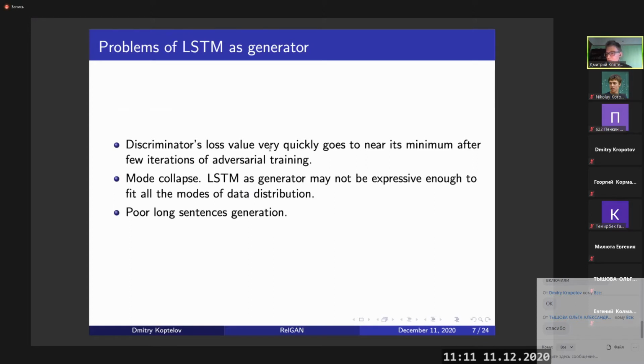It's because of the lack of expressive power of the generator. Also, this reason causes mode collapse. And there's a problem with generation of long sentences, because the LSTM packs all previous information into one hidden vector, and usually it's not enough to model long dependencies.